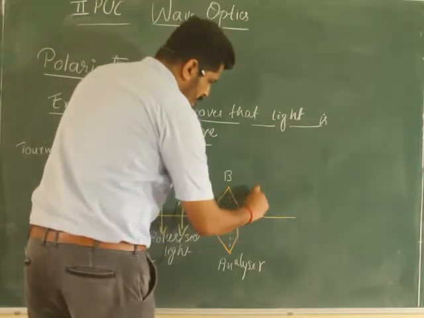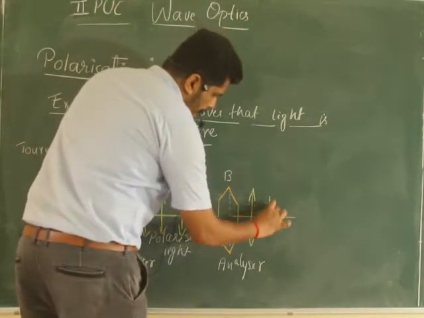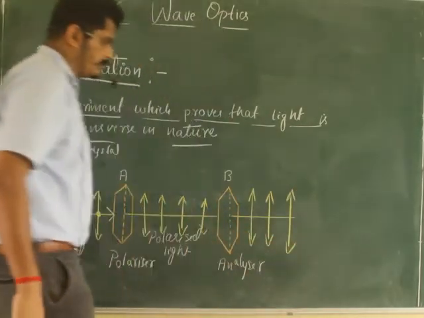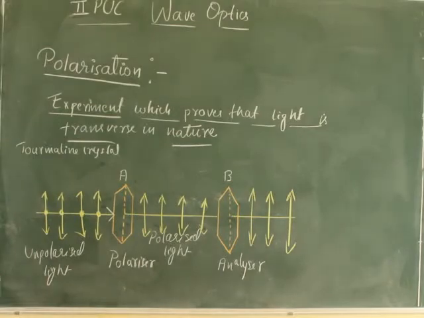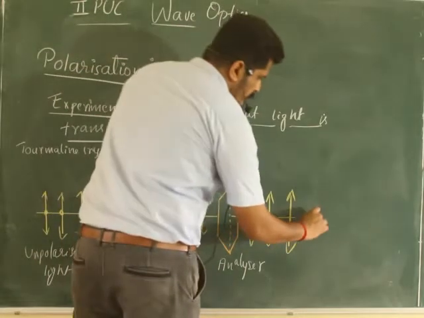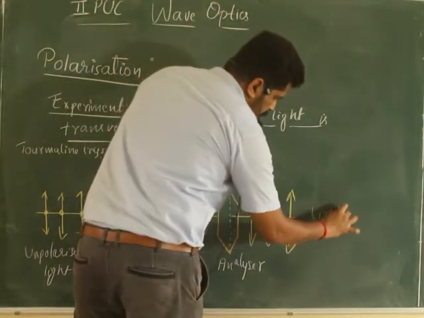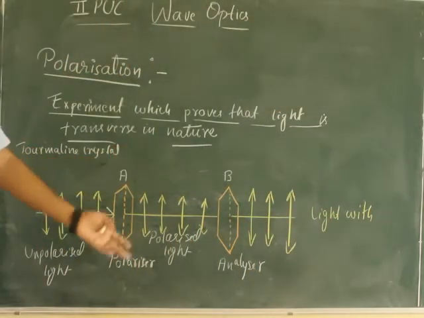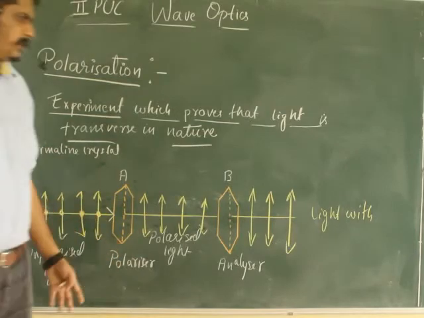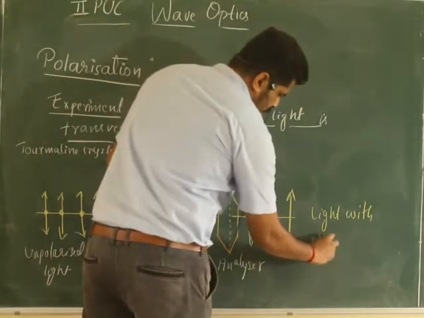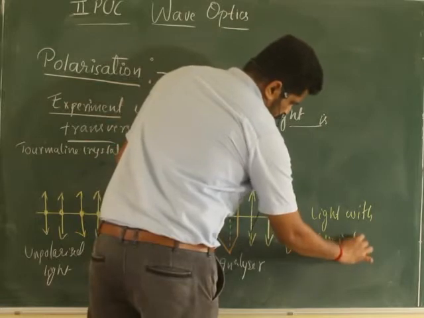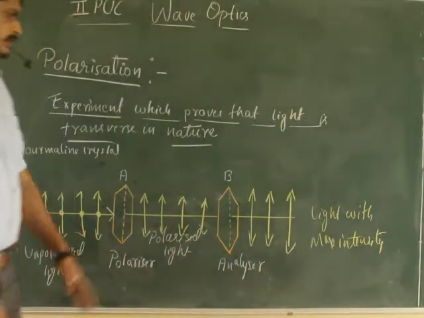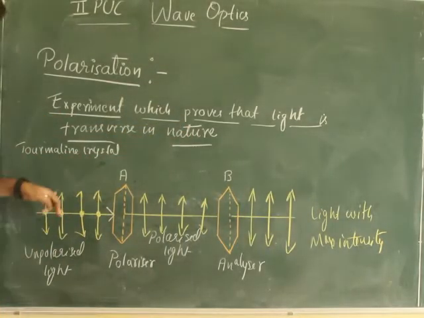So here light will emerge out, with maximum intensity we can write. Max intensity. We can ask, does that mean the polarized light will have more intensity than unpolarized light?